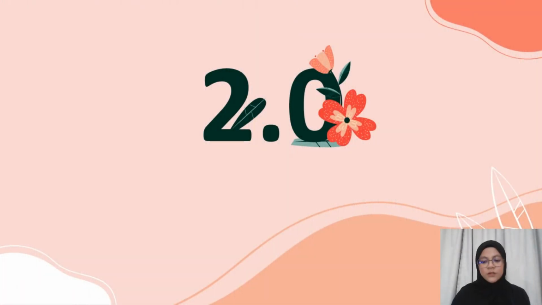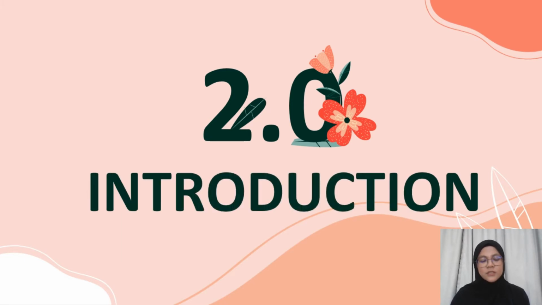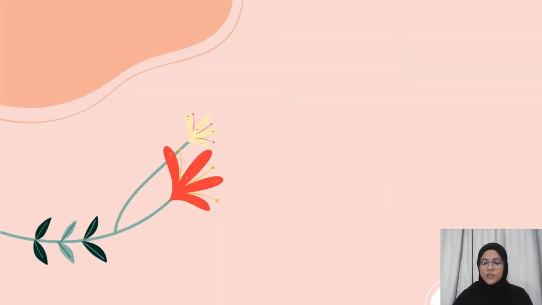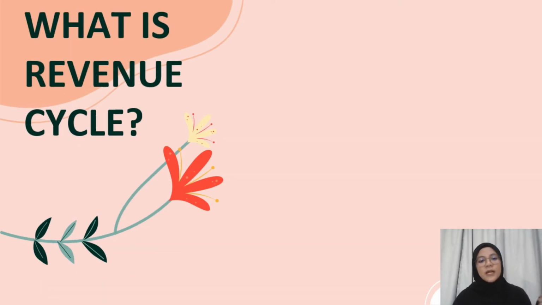Okay, just to inform everyone that this topic you can search by yourself in the audit textbook, chapter 9 on page 136. Okay, so before we go into detail on this topic, first of all, we need to understand the concept of revenue cycle. So what is revenue cycle?